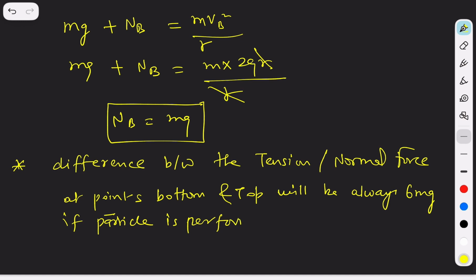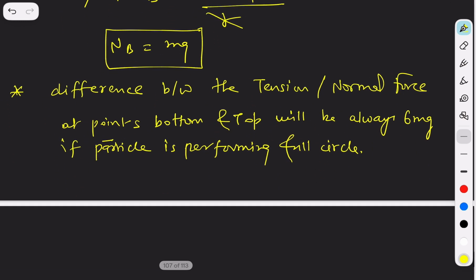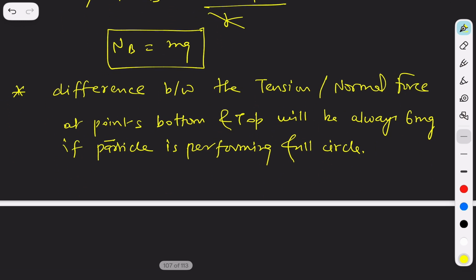Guys, you can test this. You can solve the general situation, and you will see that the difference always comes to 6 mg. Means what I am trying to say is T bottom minus T top is always going to be 6 mg.